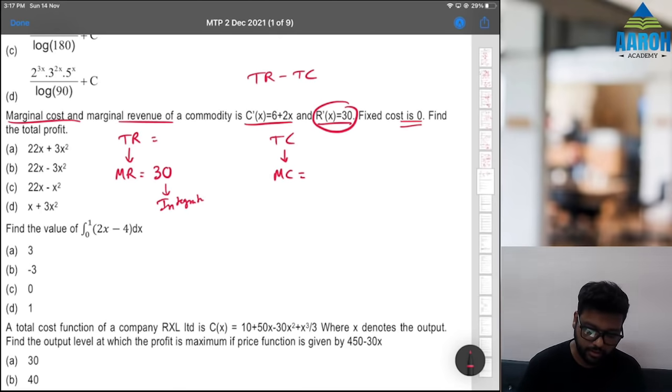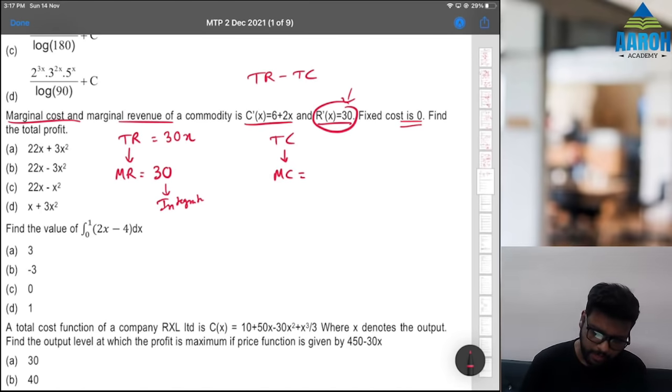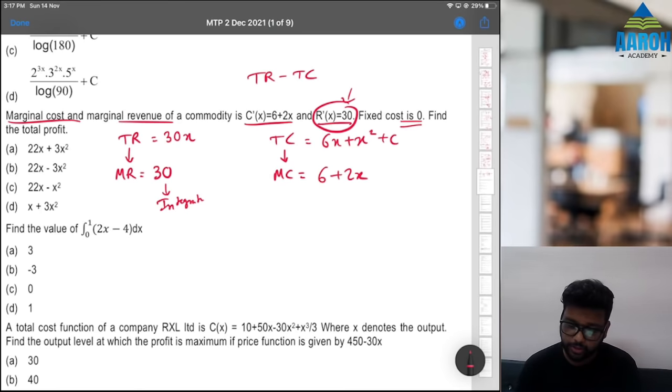So it will be 30x. Correct? The integration of 30 is 30x. The plus C part we will ignore, because in revenue we generally assume that it is just per unit. Marginal cost is 6 plus 2x. So again its integration will be total cost, that is 6x plus 2x square by 2, that is x square, plus C. But that C is fixed cost and they are saying fixed cost is 0. So that's it.